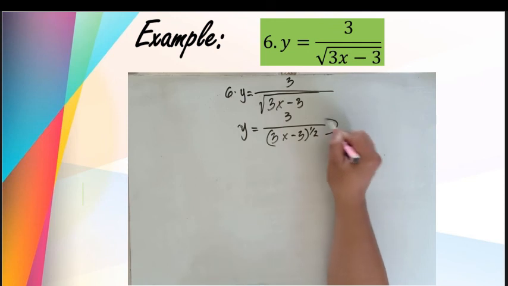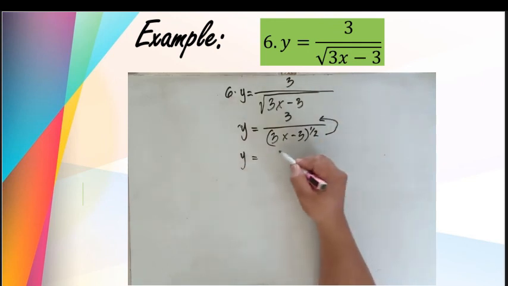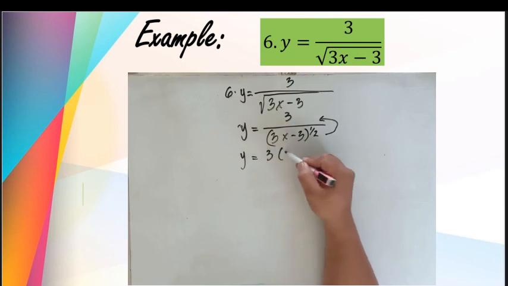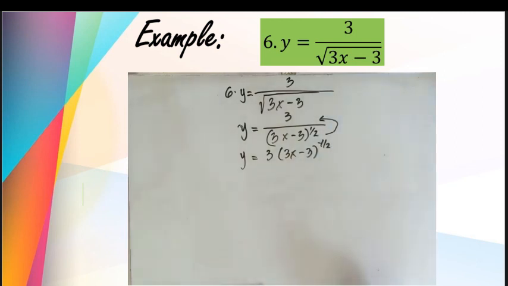We will move the denominator up to the numerator. There is a consequence in doing that: the 1 half that is positive becomes negative. Why do I do that? To convert that into a simpler equation.